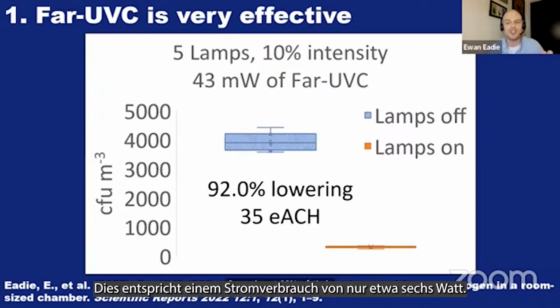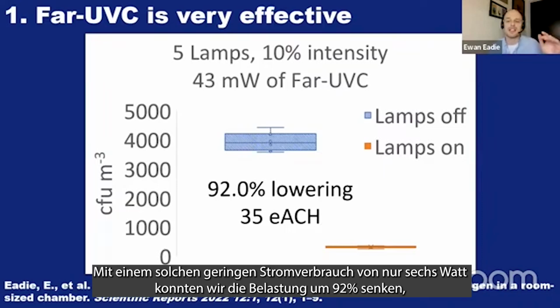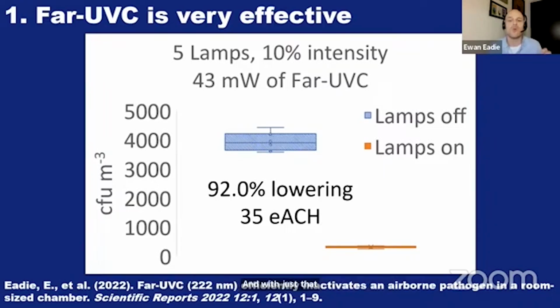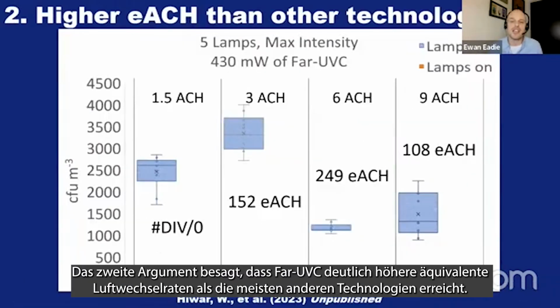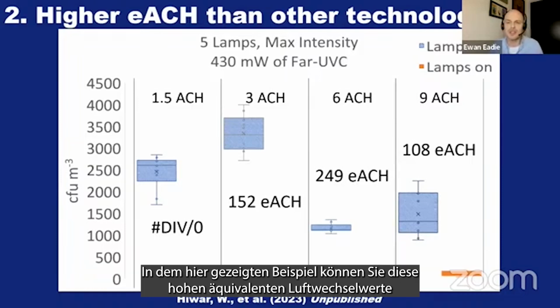That would be equivalent to an electrical consumption of just about 6 watts. And with just that 6 watts of electrical consumption, we got a 92% lowering, which was equivalent to 35 air changes per hour.